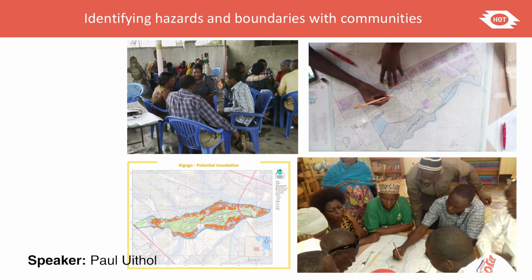This means these people don't have a voice, basically, and have nowhere to address their issues and their living conditions. Here you see an exercise, by the way, focusing more on flooding and vulnerability, but in the same type of sessions we're also addressing administrative boundaries.